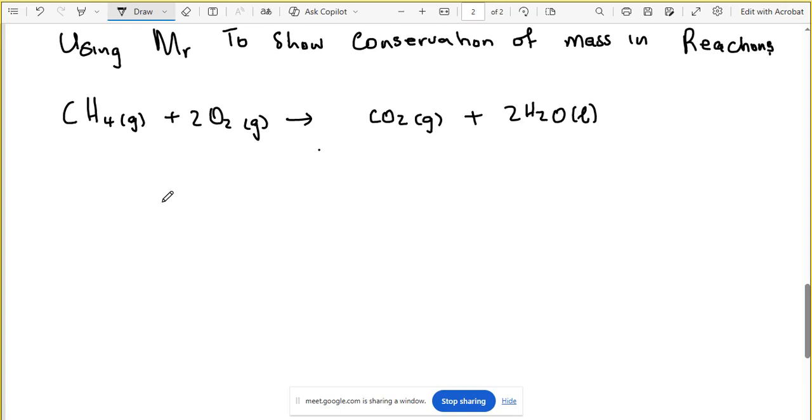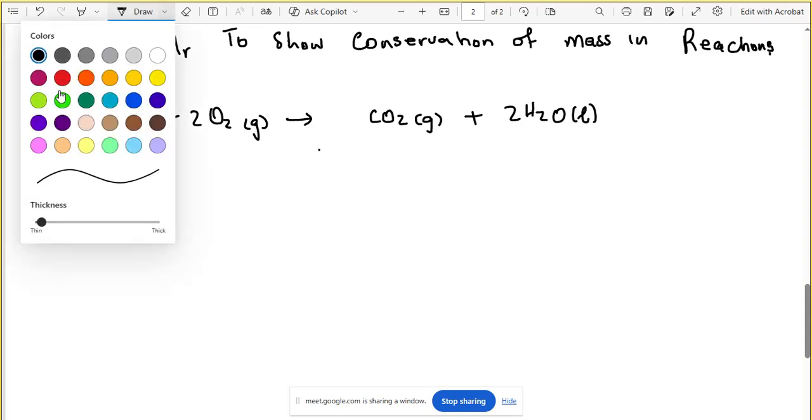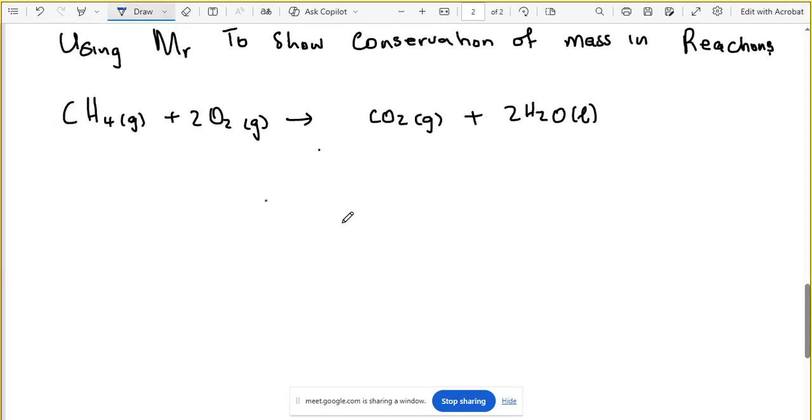We need to calculate what we call the molar mass. Let's start with this one. You're going to say the molar mass, Mr, inside the bracket, CH4. Then this is how you calculate it.